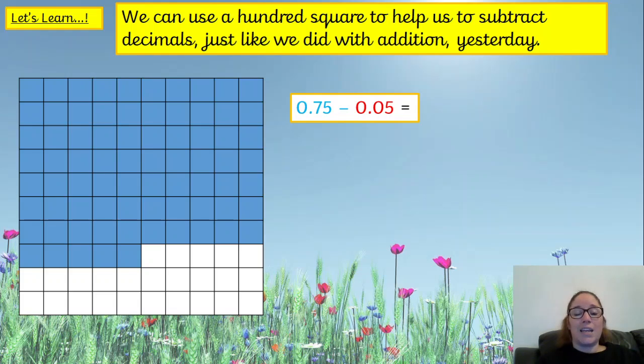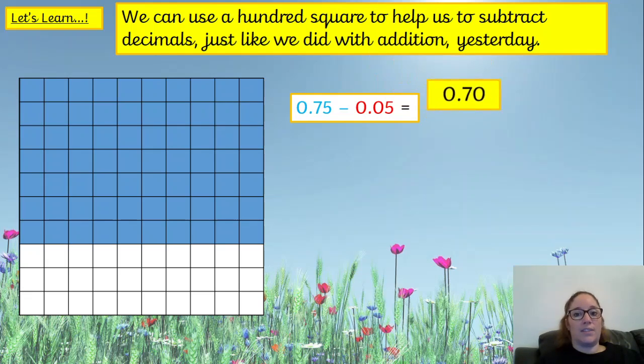We need to take away 0.05. Is that 5 tenths or is it 5 hundredths? Well, 0.05 is 5 hundredths. So we need to take 5 of those away. If you take 5 of those away, how many do we have left? We have 0.70.